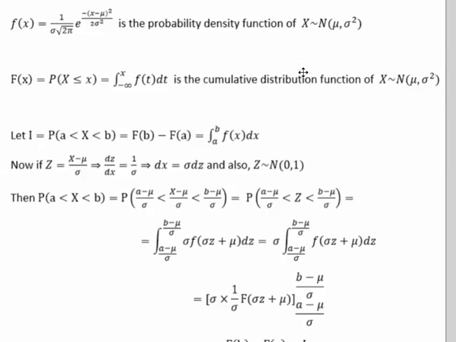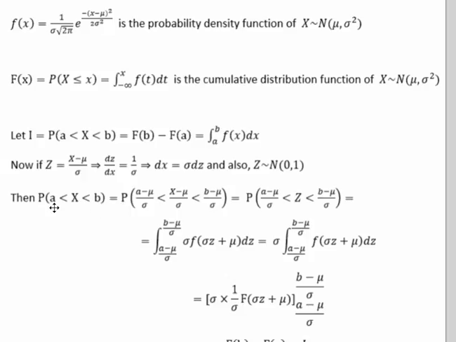This is showing that if you have an event here where x is distributed normally mu sigma squared, and you're having to find something out about this event, in fact, making a substitution like we do in integration, z equals x minus mu over sigma, enables us to rewrite this integral and rewrite this event.